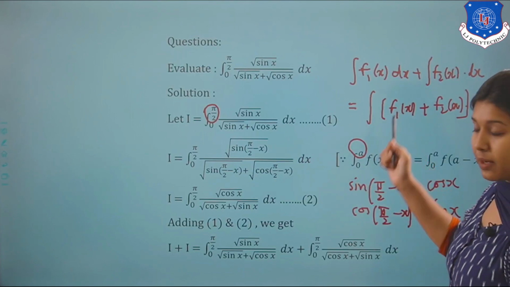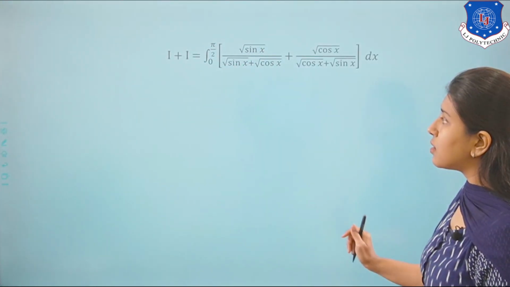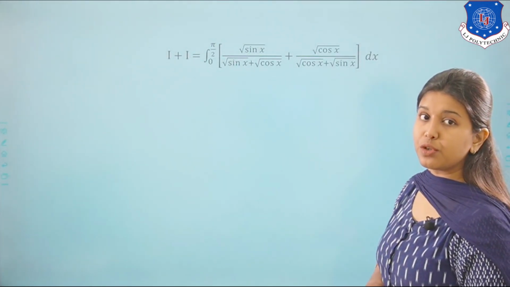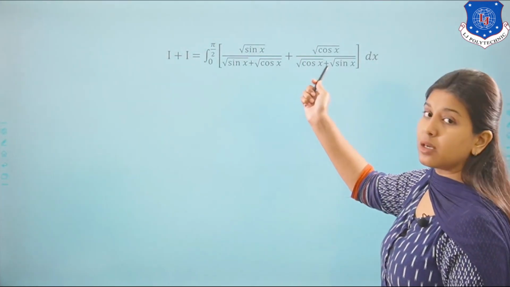Applying this formula, I plus I is equal to the integral from 0 to pi by 2 of both these terms.